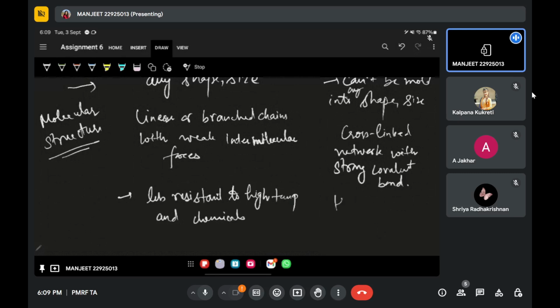But thermoset is highly resistant to heat, chemicals, and deformation.